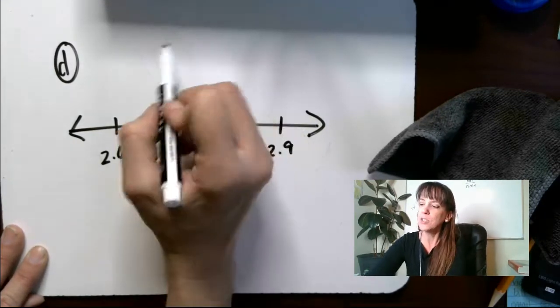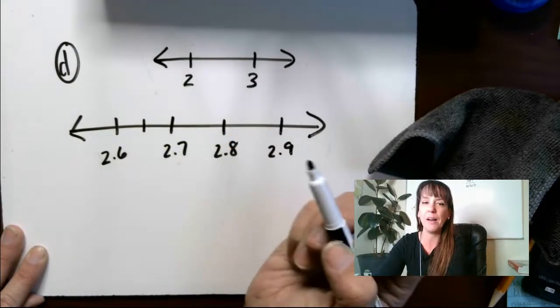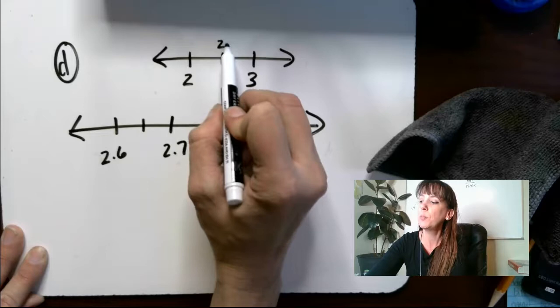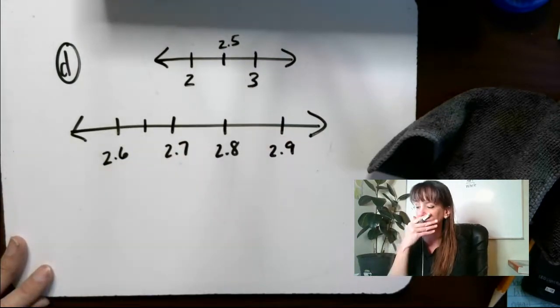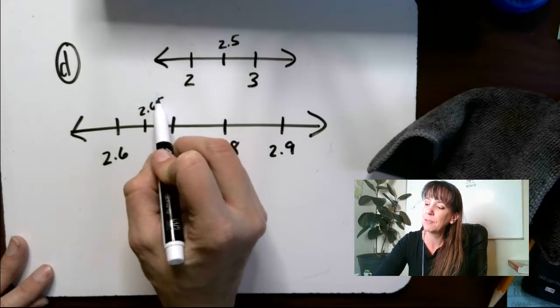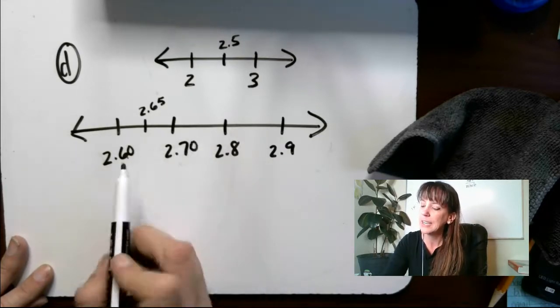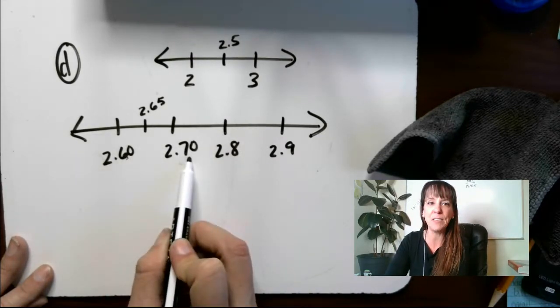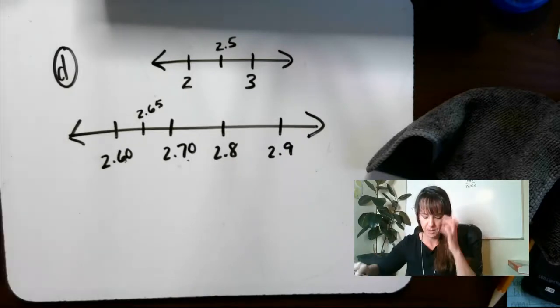Well, if we have just a normal number line and it was like 2 and 3, our halfway point would be 2.5, right? 2 and a half. 0.5 is a half. It's going to be the same thing for this, except it's 2.65. Because if you have, let's throw some extra zeros on here, halfway between 60 and 70 is 65. So hopefully that makes sense on that one.